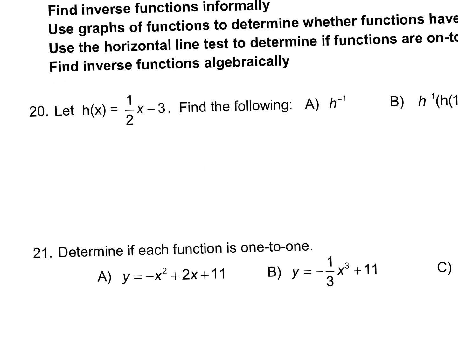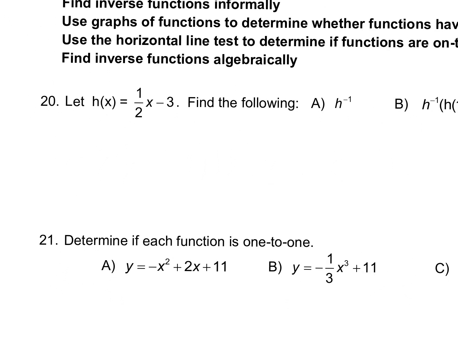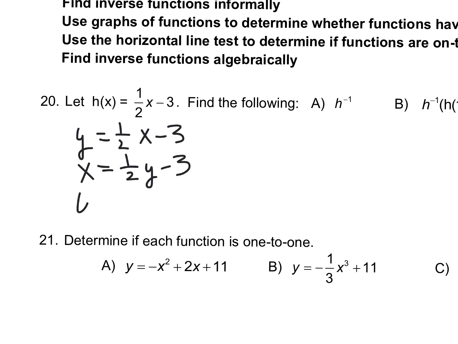All right, 20. We are finding the inverse of h. So there's 2 ways we could do that. First way is we just replace h of x with y, and then we interchange the x and y. And now we're going to solve for y. Let's see if I can do this in one fell swoop. First, I'm going to move y to the left-hand side.